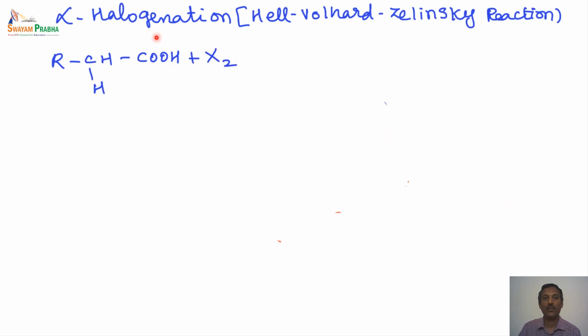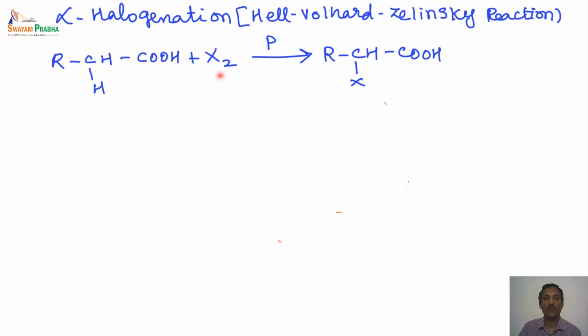The next reaction is the halogenation reaction, that is the alpha halogenation reaction. So the name reaction for this particular transformation is the Hell-Volhard-Zelinsky reaction. So here the alpha hydrogen with respect to the carboxylic acid is converted to a halogen.